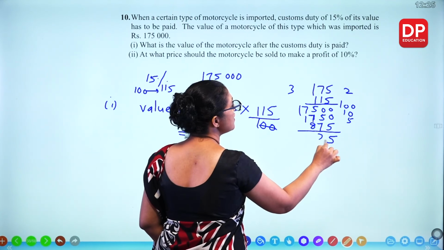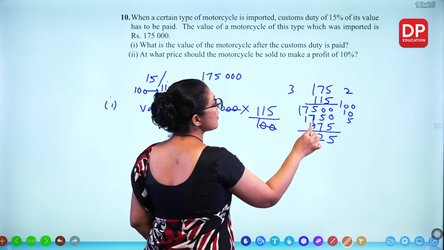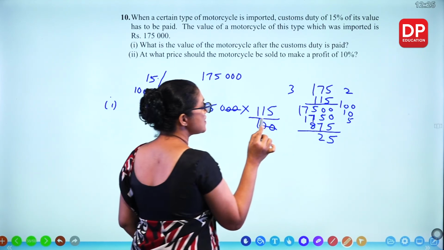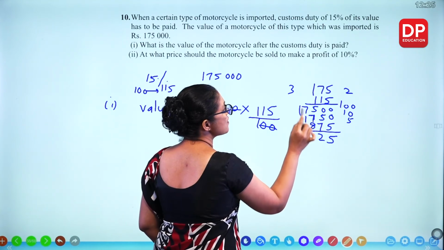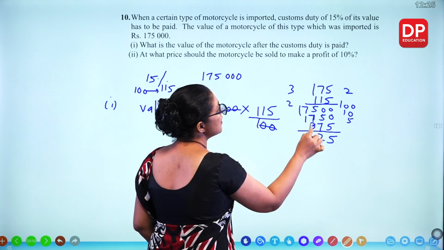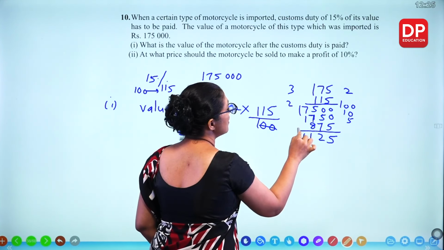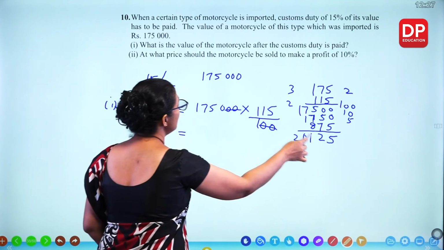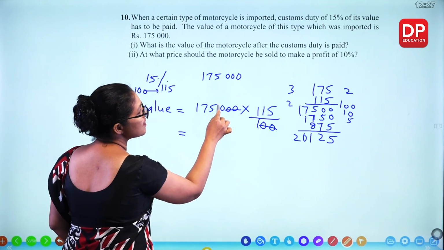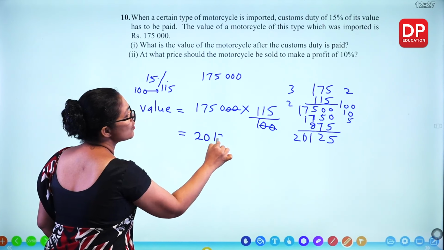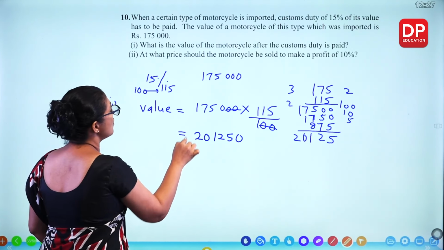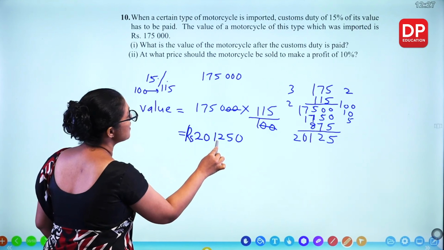So when you add all together, 9, 9 plus 7, 16, plus 5, 21. So what's the value? There's another 0 there, 21,250.